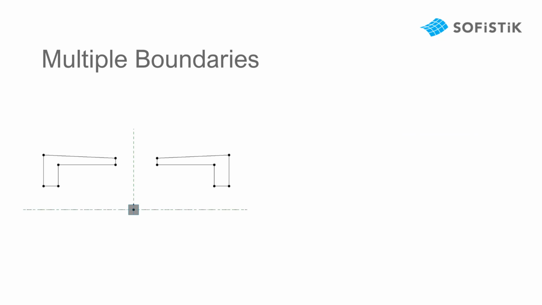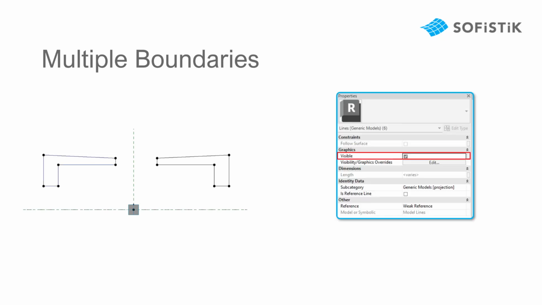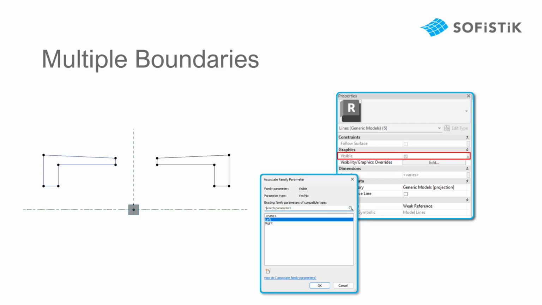This allows me to assign this yes or no to the visibility of the boundary. Meaning that for this family type, the left boundary will be set to visible, and as the right boundary now gets the right parameter assigned, it is set to invisible.